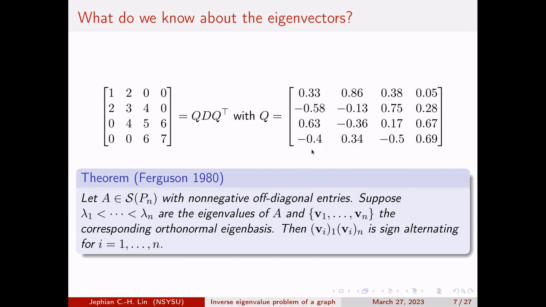The product is minus, the product is positive, the product is minus, and then the product is positive again. So if you have several eigenvalues and you multiply the first entry and the last entry as you change the eigenvector i, then it is sign alternating, until the biggest one, which is always of the same sign.